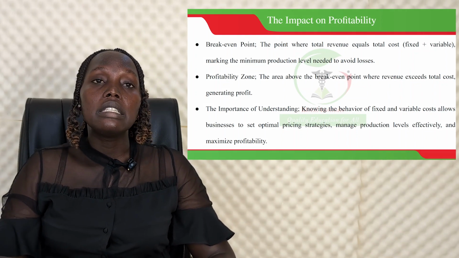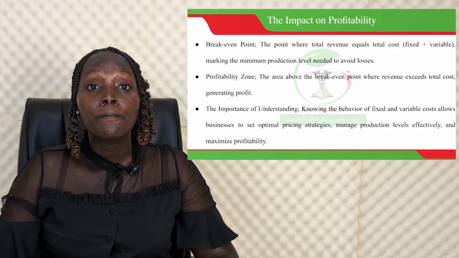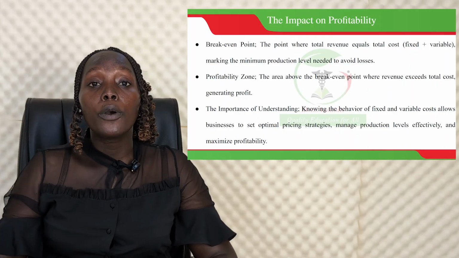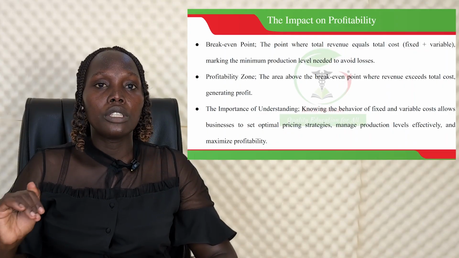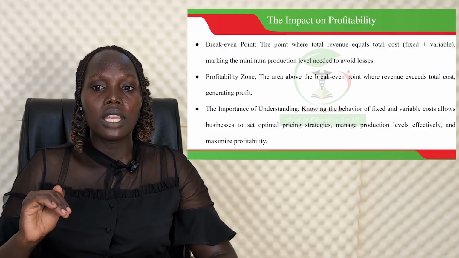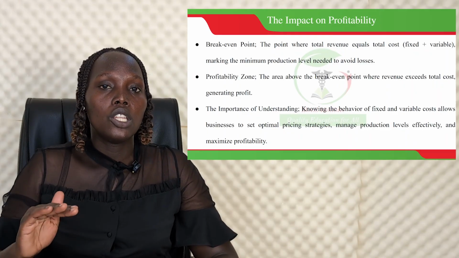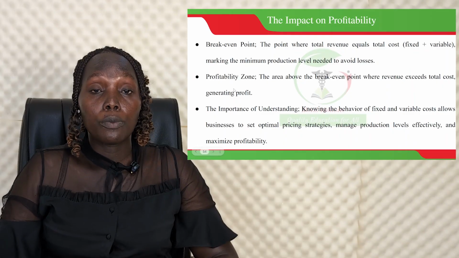It also helps in maximizing profitability. So when you see that you've gone above the break-even point, it means that you're now making profit. So it will help you to remain there, to increase, to put in all the strategies, and make sure that you make all the necessary profits.